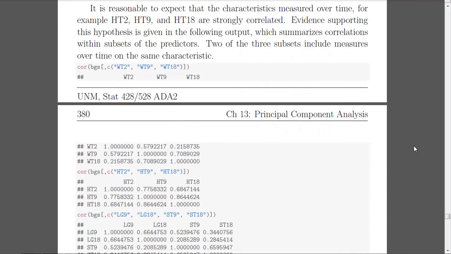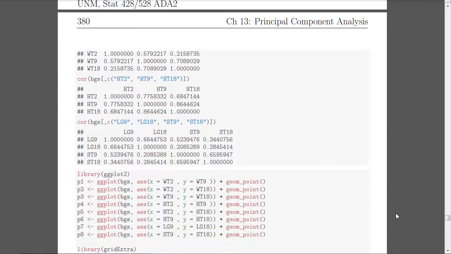Let's take a look at the choices that I made. I looked at just the correlations of all the weight measurements, weight at 2, 9, and 18, and saw that they were pretty highly correlated with each other. Similarly for heights, and then I put the leg and the strength measurements all together.